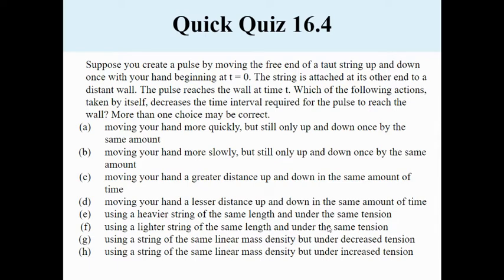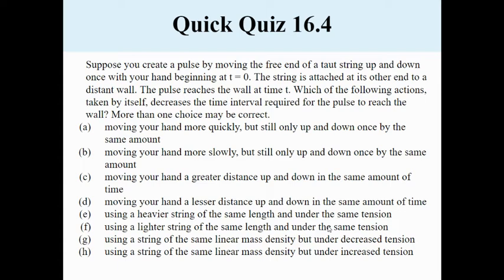So quick quiz number 16.4. The idea here is that we send the pulse through a string fixed on one end and another one we can hold by the hand so we can send the pulse through.